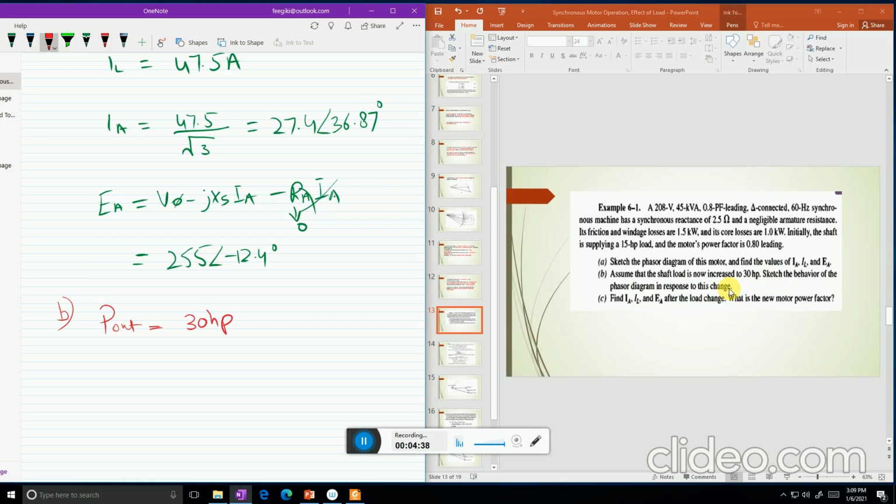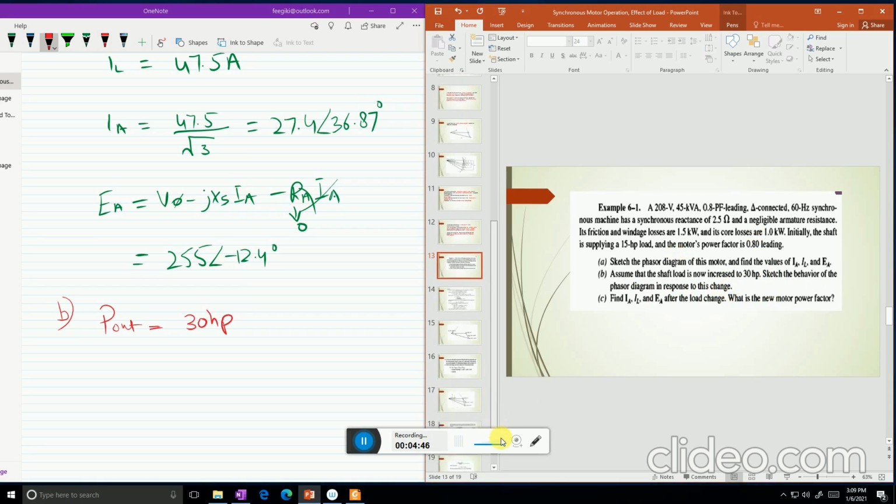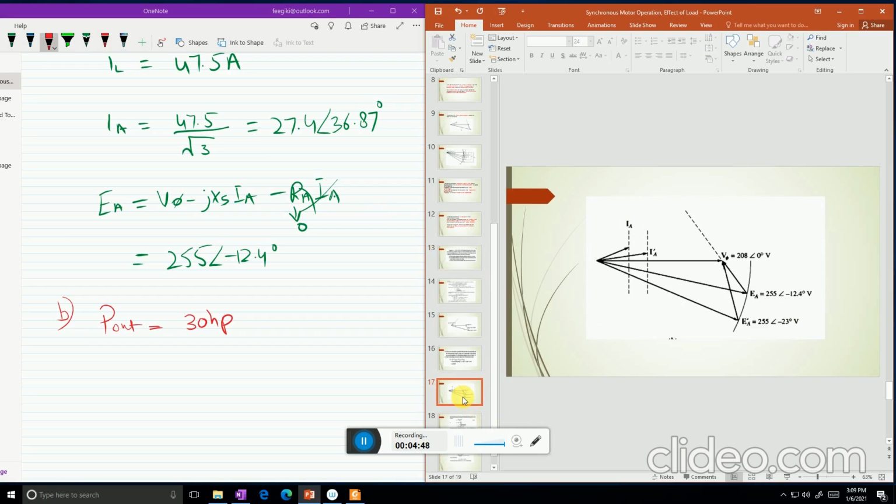As we already know, when the load is increased, delta will increase and the current will become less leading. As shown, the phasor diagram looks like this, but the magnitude of EA will remain constant. Its angle will change.